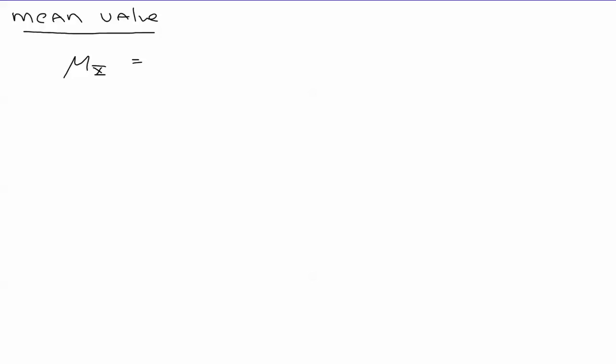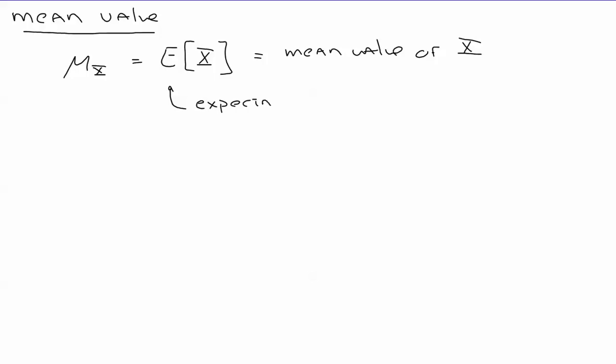It's also represented this way with a capital E. This all means mean value. Mean value of some random variable, capital X. All right. This designation means expectation. Expectation or expected value.